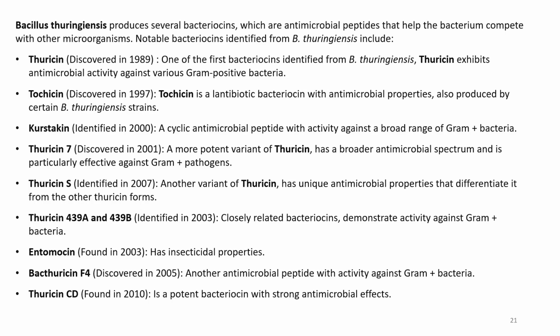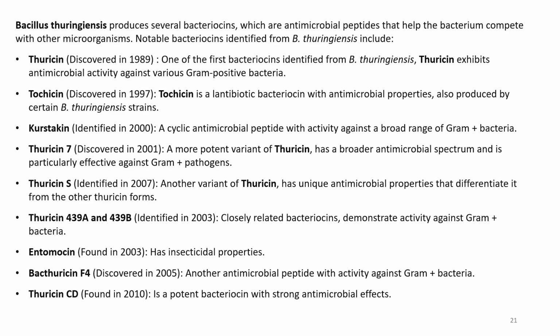Bacillus thuringiensis produces several bacteriocins, which are antimicrobial peptides that help the bacterium compete with other microorganisms. Some of the notable ones are thuricin. This was discovered in 1989, and it is one of the first bacteriocins identified from Bacillus thuringiensis.